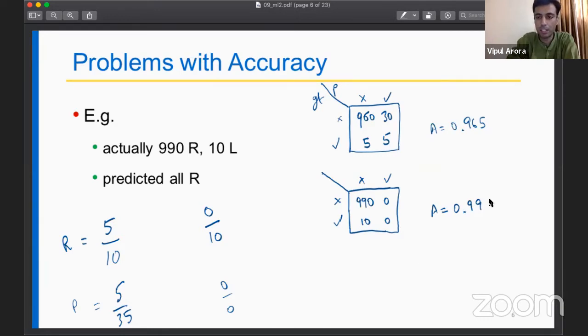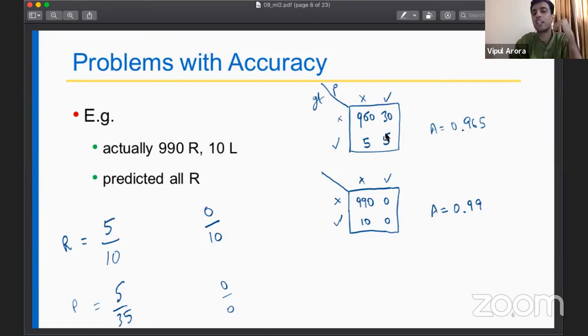So 0.99, 99% accuracy. But if you look at another test, which is more genuine, let's say the rapid test, this is more genuine, but it makes so many mistakes. So 960 people didn't have corona, and it said yes, they have corona. 10 people had corona: for 5 people it said they have corona, for 5 it said they don't have corona.